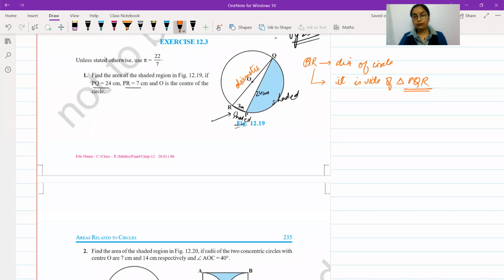And if you look closely, since QR is the diameter of the circle and it is the side of triangle PQR, this means the angle QPR is an angle formed in a semicircle. This angle over here.